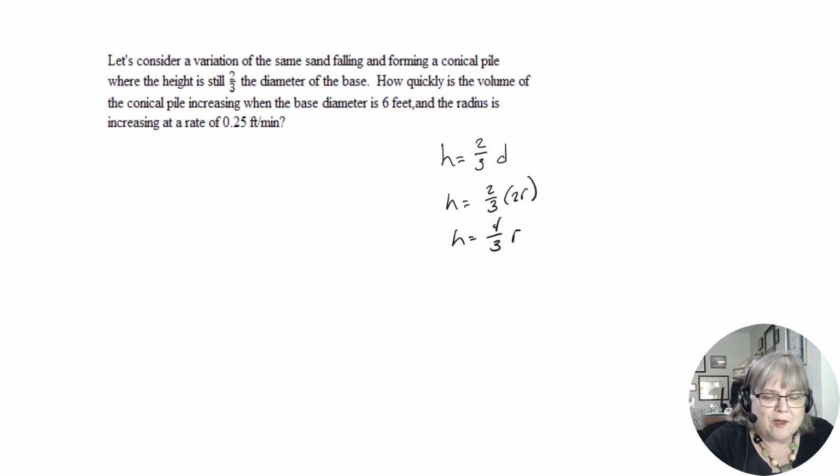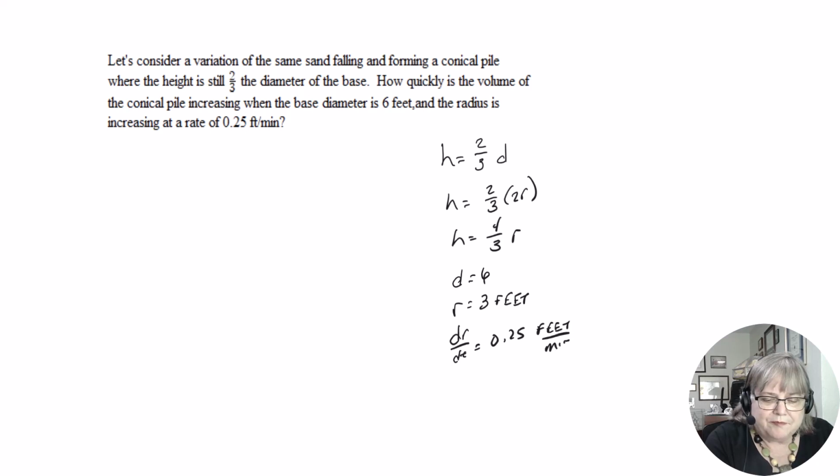And it says how quickly is the volume of the pile increasing when the base diameter is 6. Now, this is not the same exact problem as before. In this case, the diameter is 6, so that would make the radius 3 feet, right? And dr dt is 0.25 feet per minute.